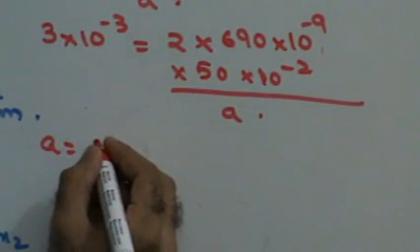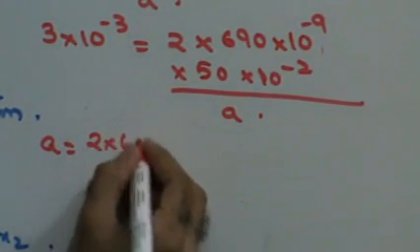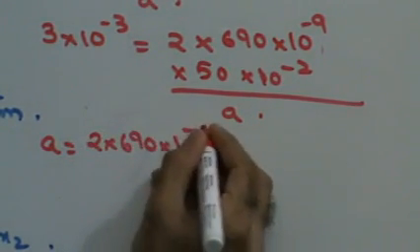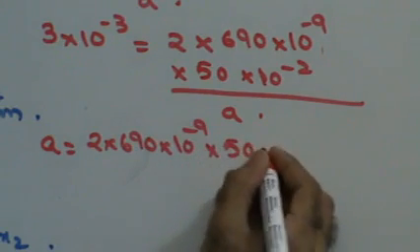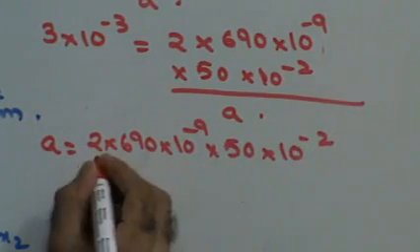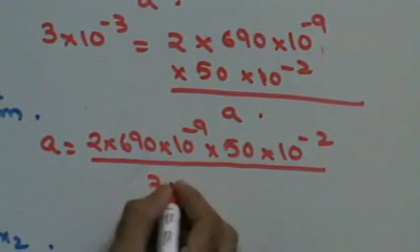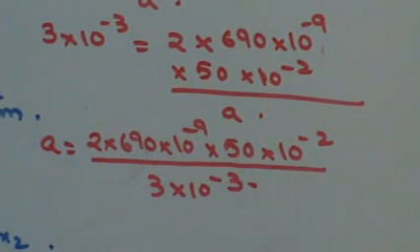Therefore, a is 2 into 690 into 10 raised to minus 9 into 50 into 10 raised to minus 2 upon 3 into 10 raised to minus 3. That's how you will get the width of the slit. Right? Next, let's see the next sum, guys.